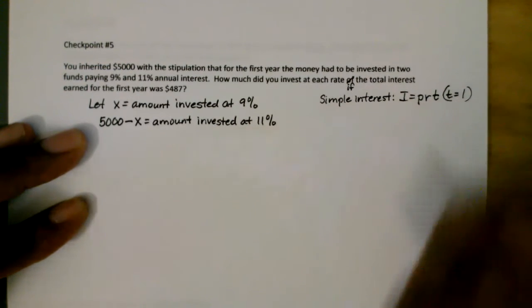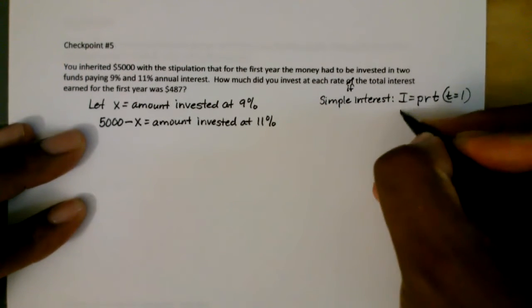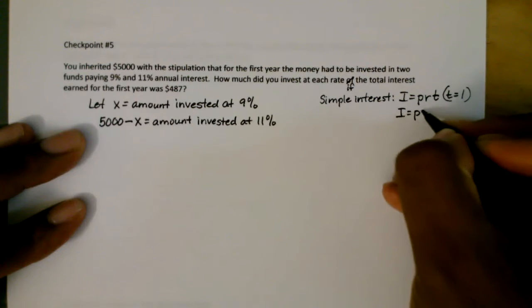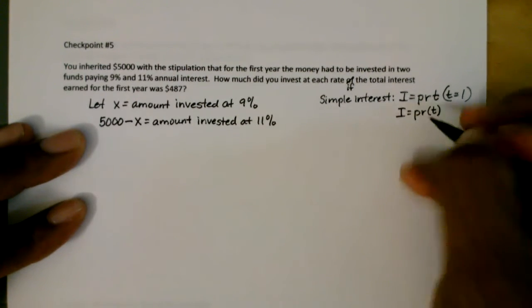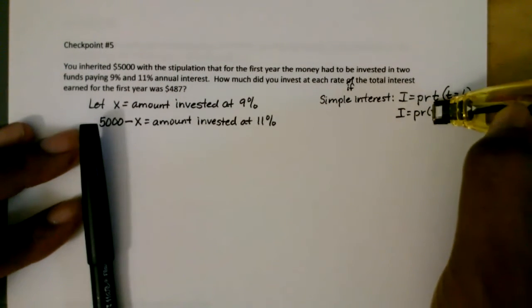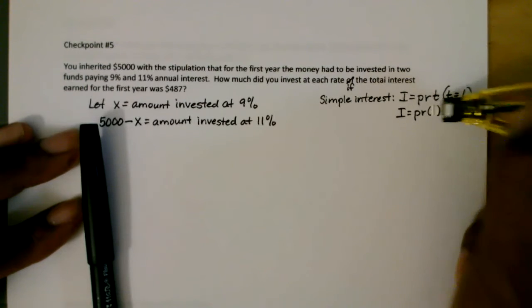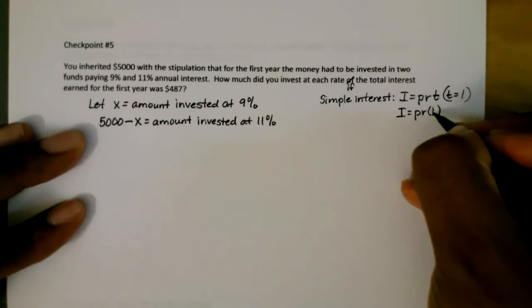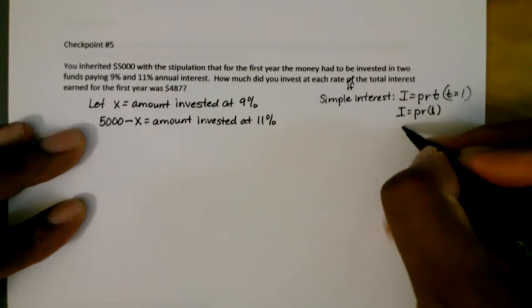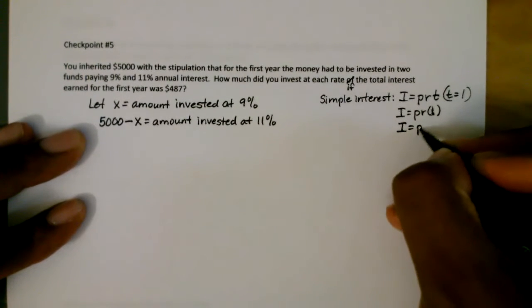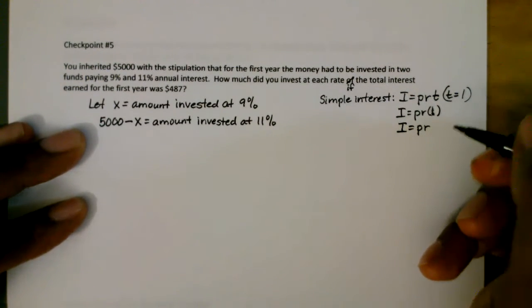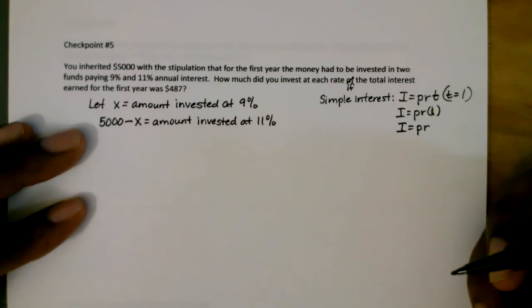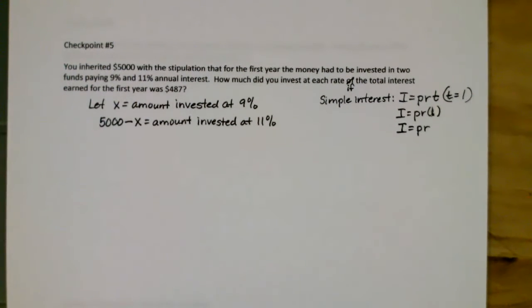If I substitute the T with 1, this is what I have. I is equal to P times R. So it's going to be the principal times the interest rate.